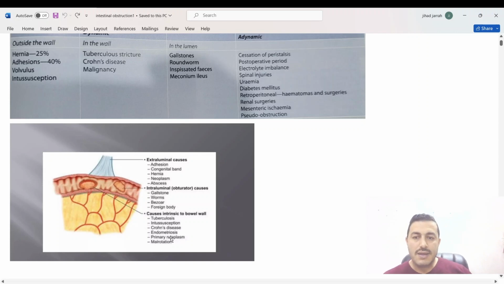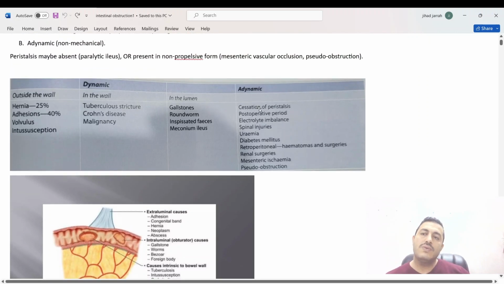And adynamic causes, we said, mean non-mechanical causes. Examples of intestinal obstruction that can be adynamic, this is a general term, cessation of peristalsis. Post-operative, we know post-operative ileus is a respective entity, and electrolyte imbalance, we know hypokalemia, for example, hyponatremia, can also be causative.